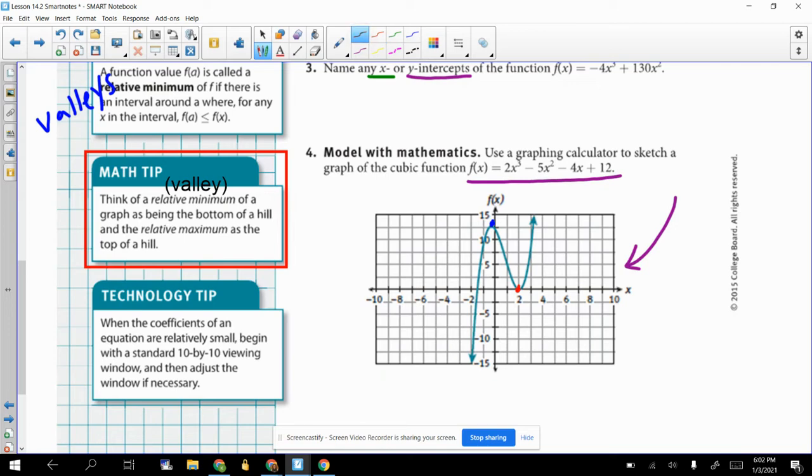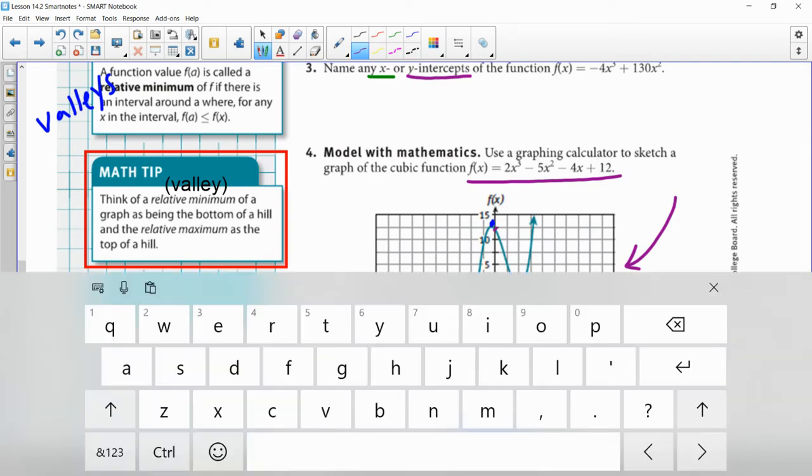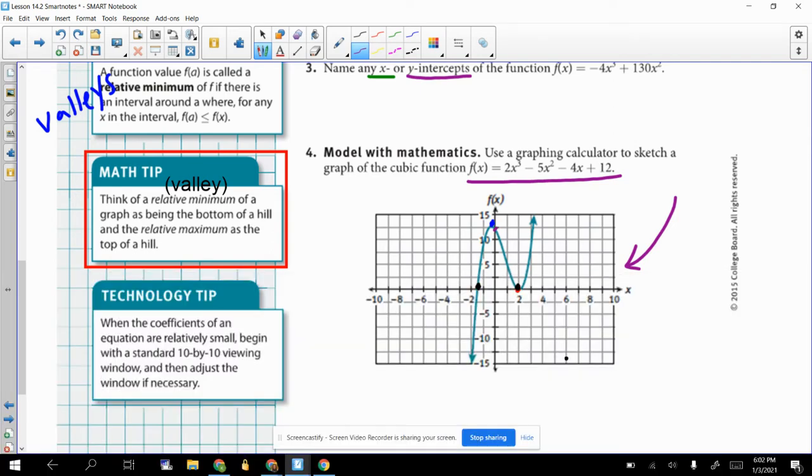Then my x-intercepts, I could say, are probably at negative 1.5, 1.5, and at 2. And then my y-intercept, if I wanted to estimate that here, I would maybe say that's at 12. Okay, so again, I'm just estimating, but I will show you how to find the exact number tomorrow in class, okay? All right, cool.